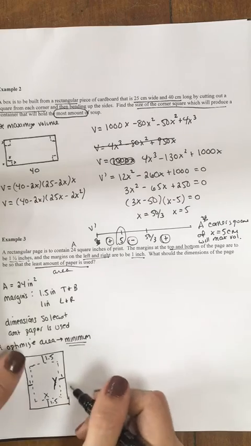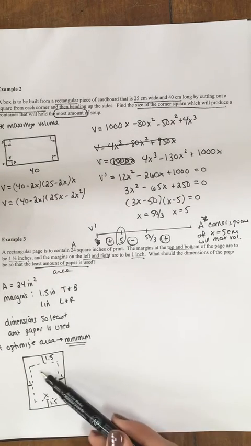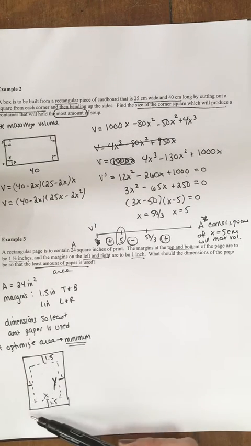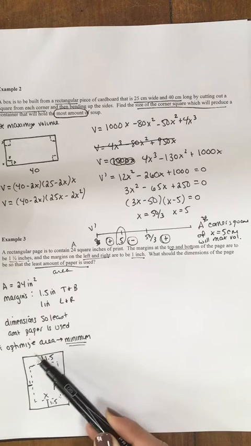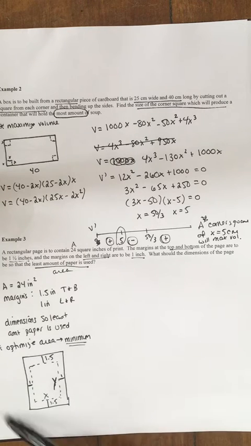Okay. Now, we're trying to minimize the area for the really big part of the paper, the whole piece of paper, right? We know what the area of the dotted rectangle is going to be, the area of the whole piece of paper.